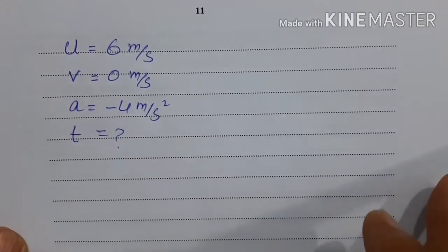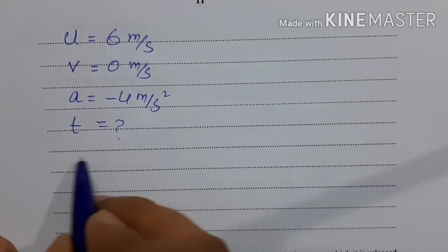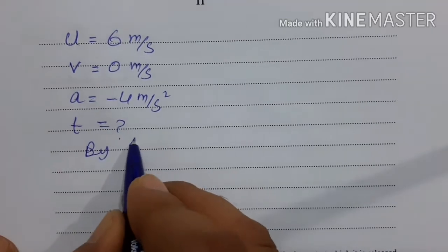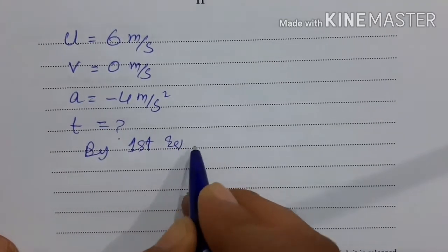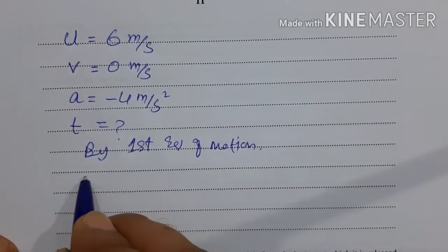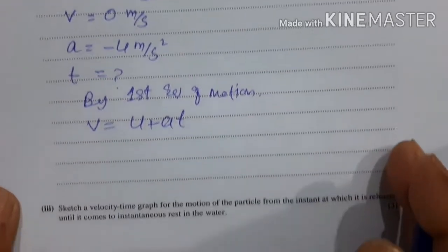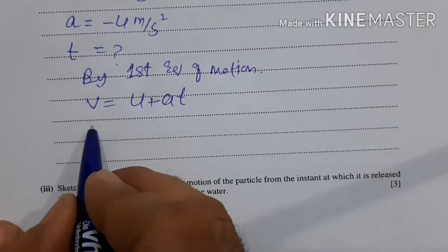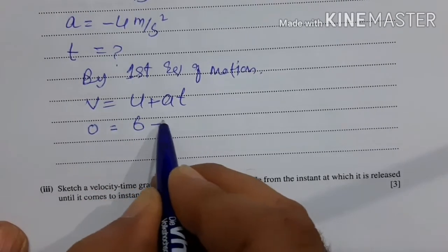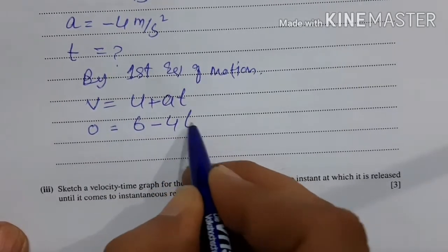So if you look closely, we can use the first equation of motion, which is v is equal to u plus at. So v is 0, u is 6, a is minus 4, into t.